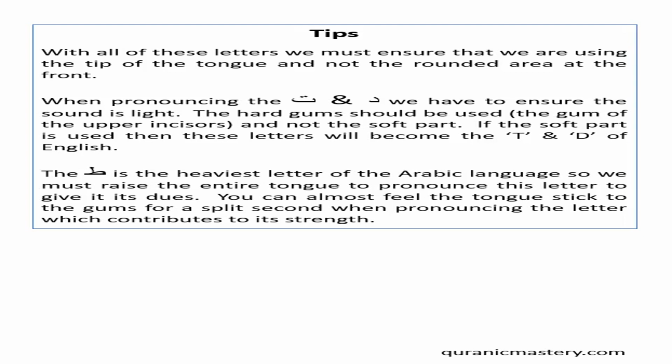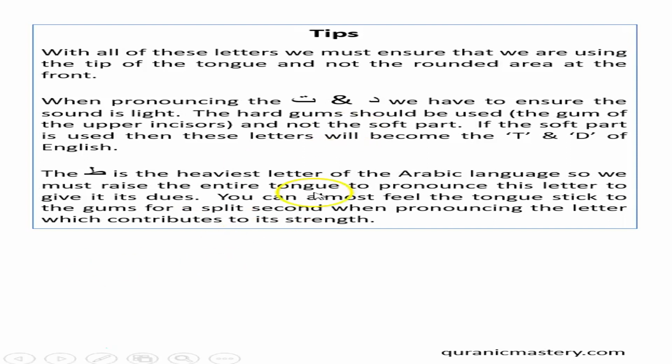The ta is the heaviest letter of the Arabic language, so we must raise the entire tongue to pronounce this letter, to give it its dues. When we say ta, we know that we're using the tip of the tongue at the upper incisor gum root area and raising the whole tongue, and that ensures a very heavy sound.